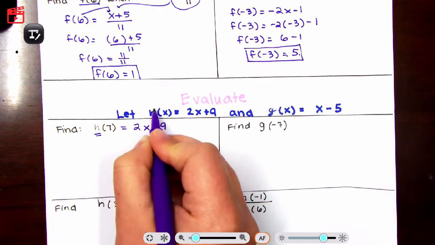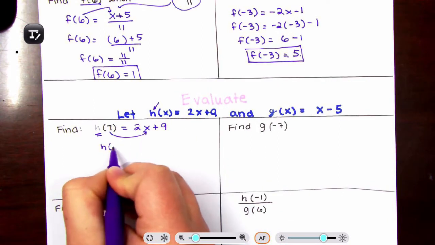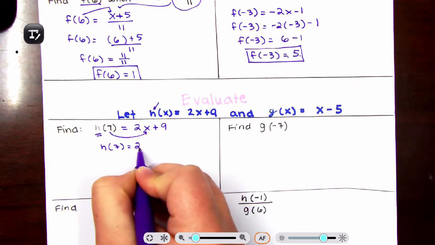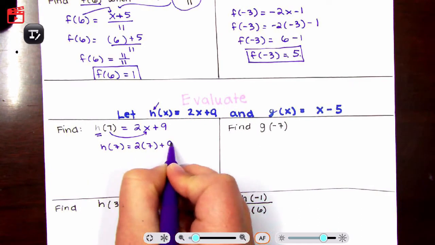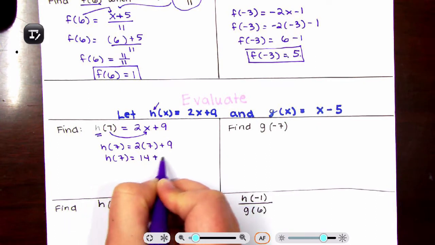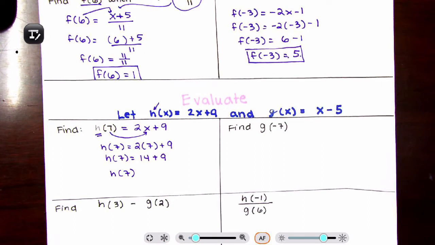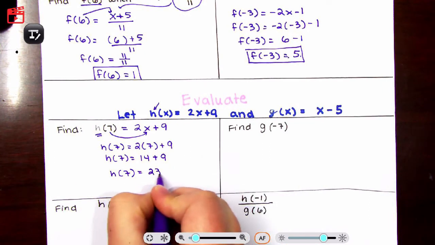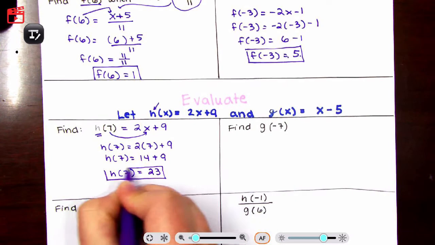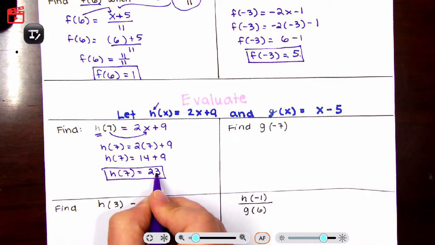So we have 7, so I'm going to replace x with 7. 7 times 2 is 14 plus 9. That means h of 7 is 23. When x is 7, our answer is 23.